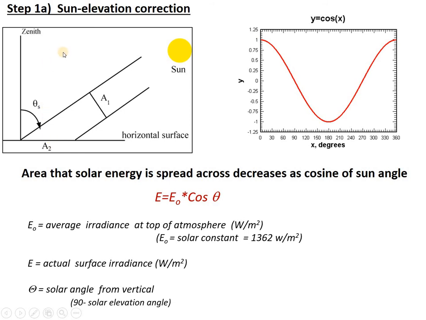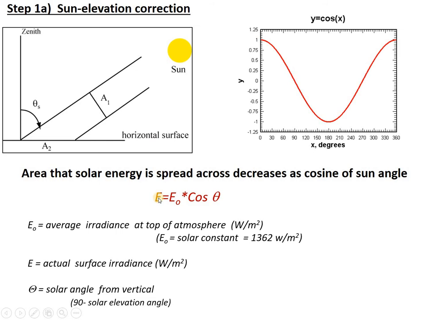Therefore, the actual energy from the sun that's hitting a horizontal surface falls off as a cosine of the sun angle here. When this angle is 0, the sun is straight overhead, and cosine of 0 is 1. By the time the sun's way down here, this angle is 90, and cosine of 90 is 0.